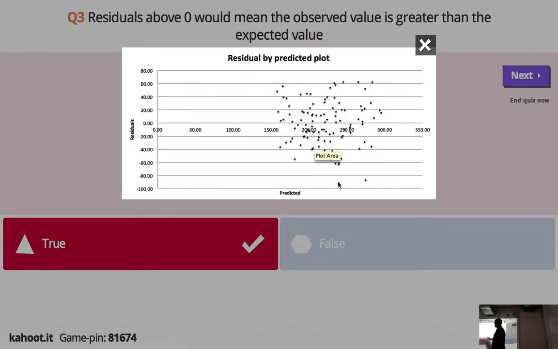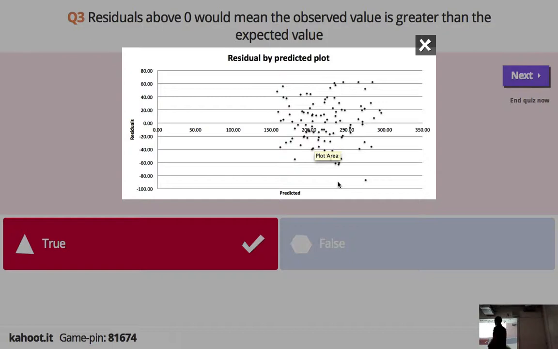So these are the predicted prices in thousands of British pounds, right? So all the dots up here are prices where the observed value was greater than the expected or predicted value. I could also have written predicted here, right? Expected or predicted, as expected by our model, right?